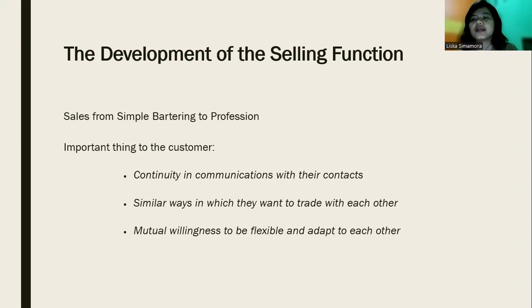So now if we go to a particular business, let's say the business is body care. They provide many products. They used to ask for our contact, right?